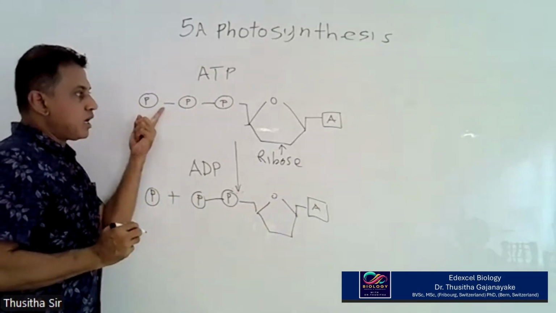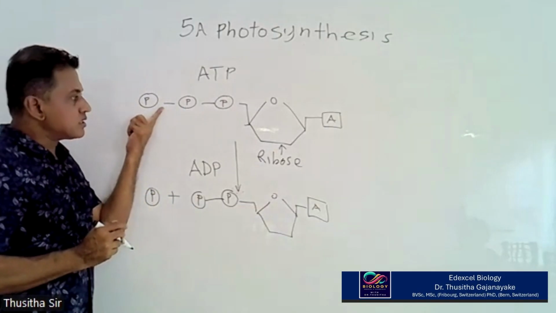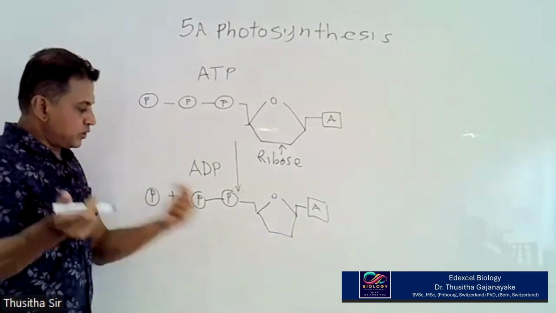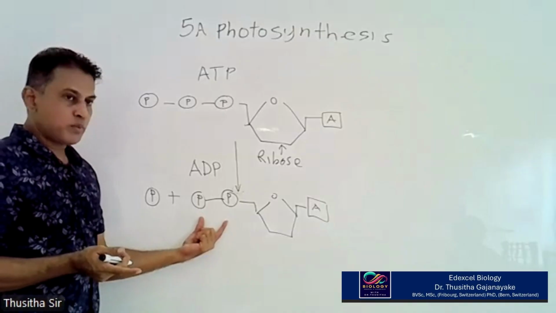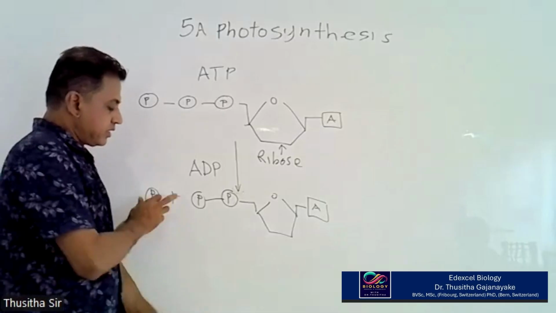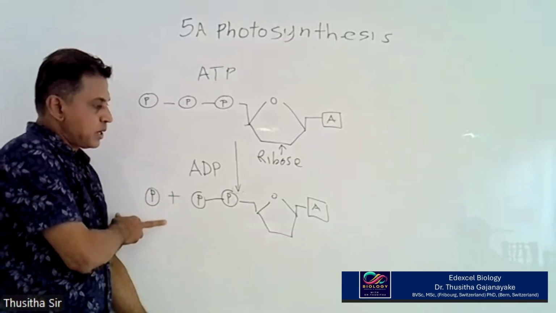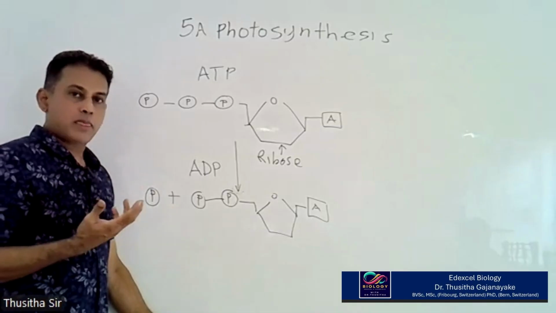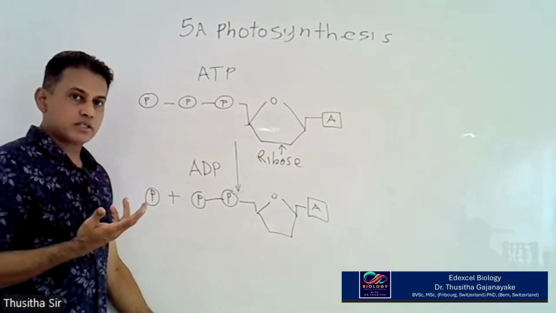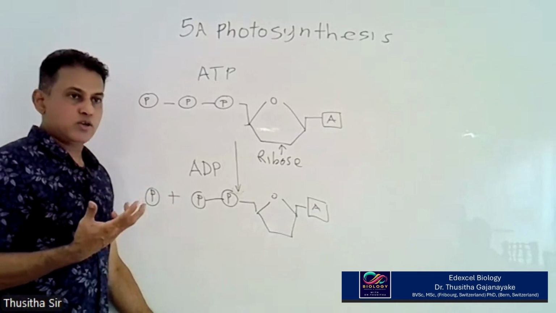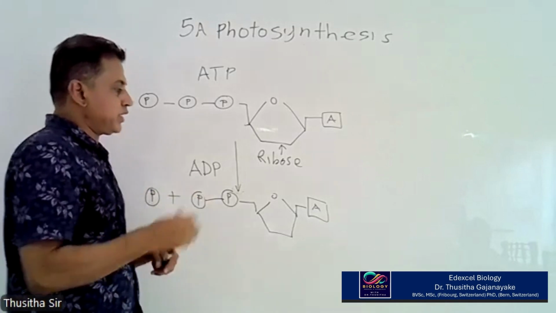So this bond is hydrolyzed and one phosphate is released. So it becomes adenosine diphosphate. This is a very easy reaction in the cells, because to break the bond we need energy. Right? To make the bond we also need energy. So breaking and making, we need energy.